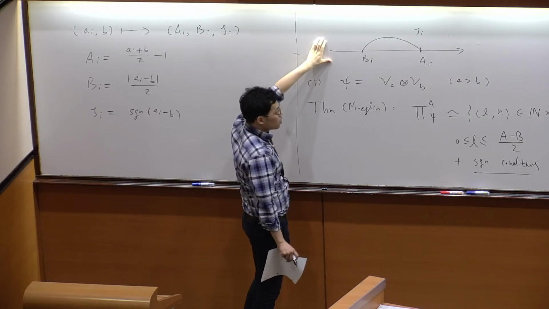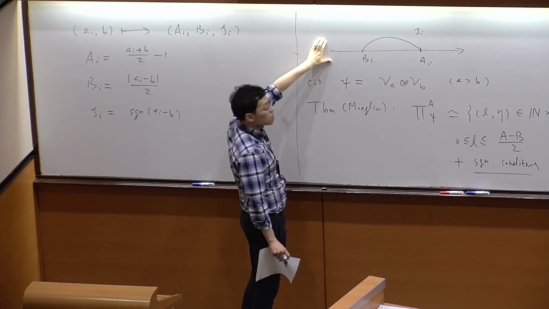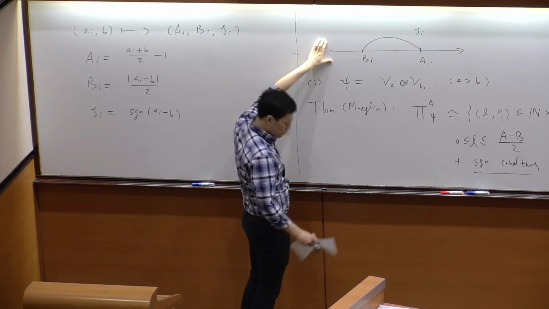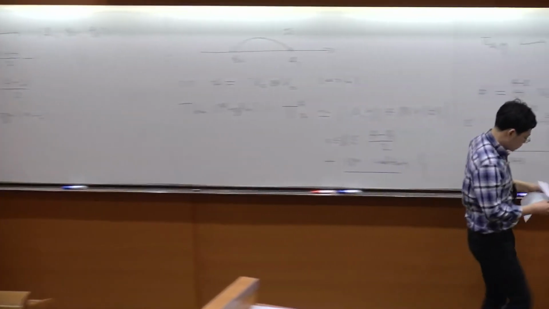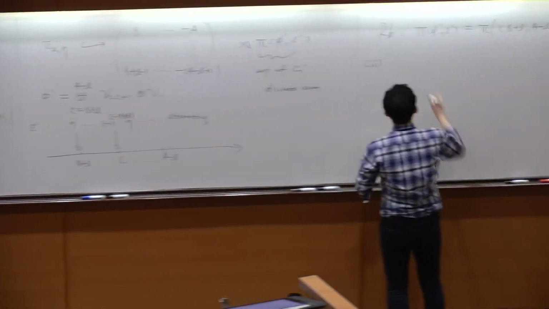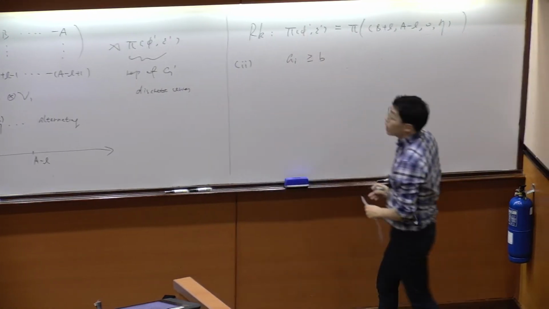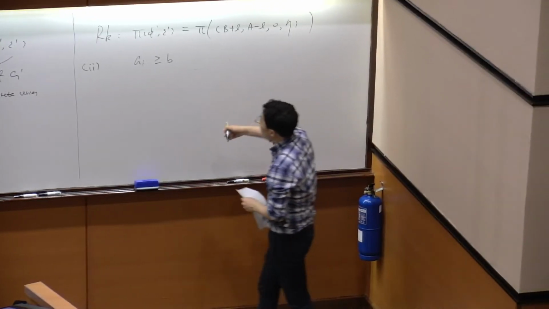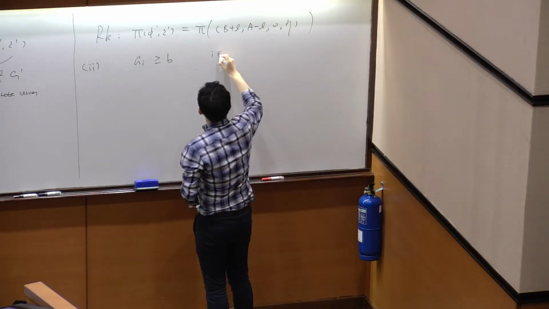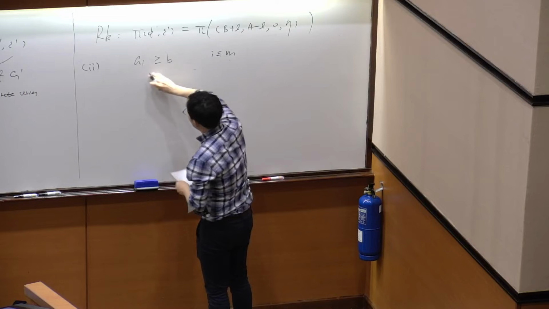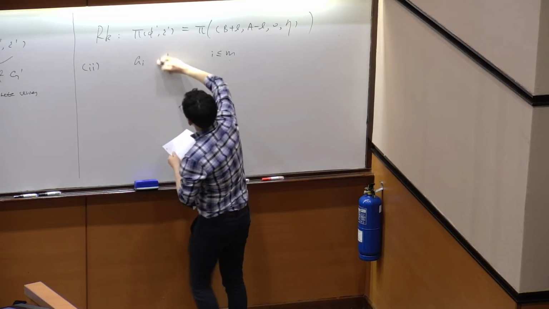But in our case, you will see these intervals do overlap with each other. Okay. So in our case, we have this b fixed. So we can just index this a_i so that for i less than or equal to m, all these a_i, I want this to be smaller than or equal to b.